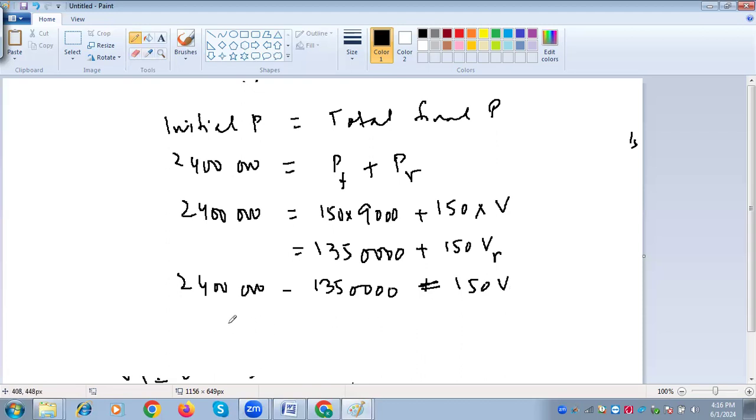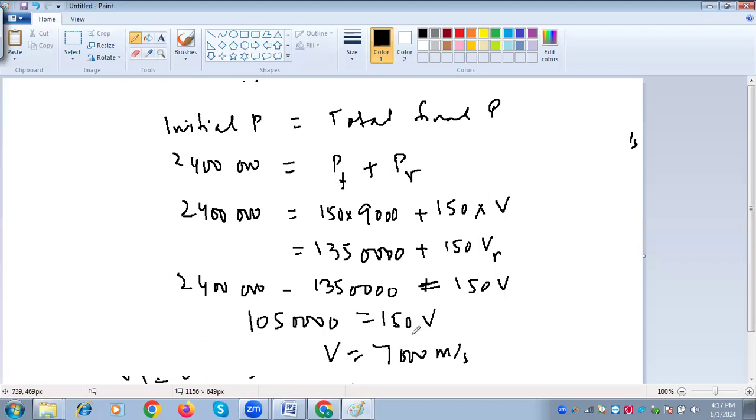So 2,400,000 minus that is 105 and 4 zeros, is equal to 150 V. So V is 7,000 meter per second.